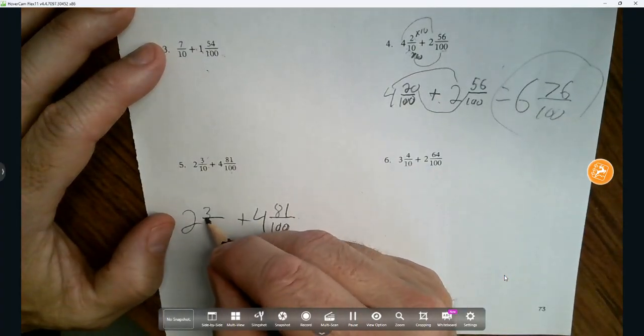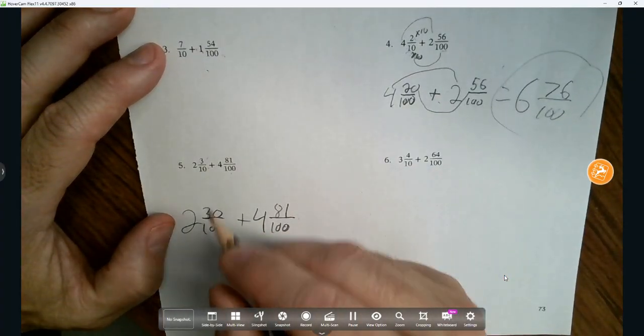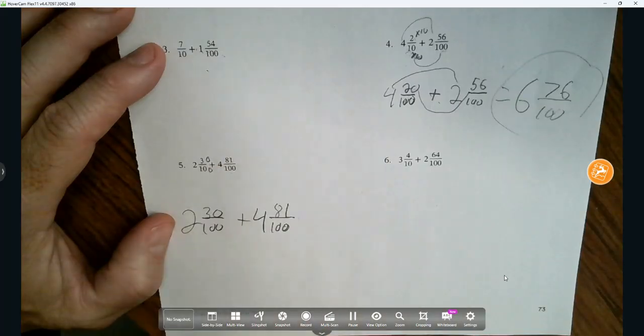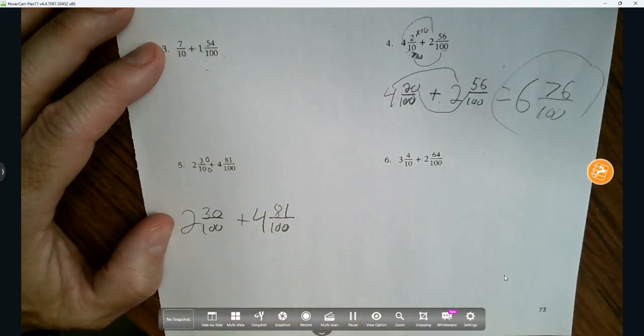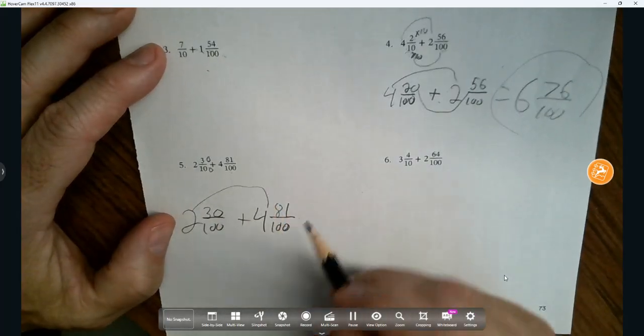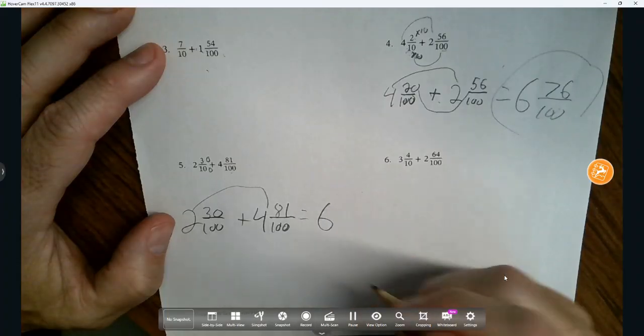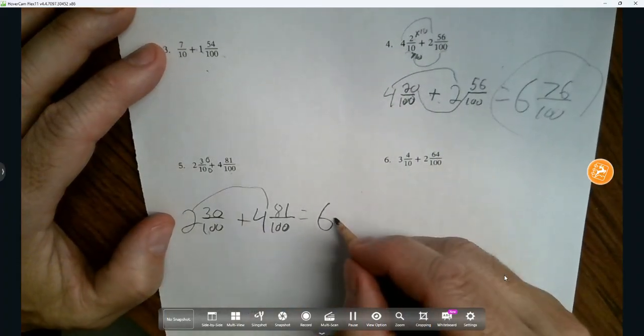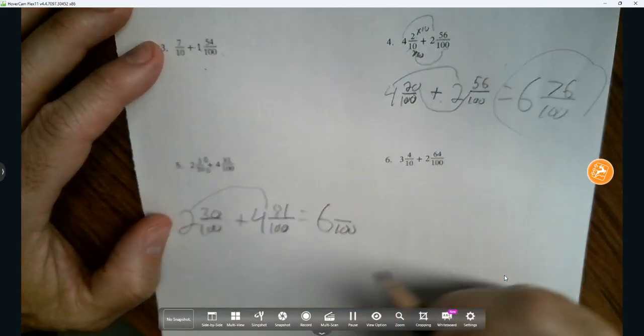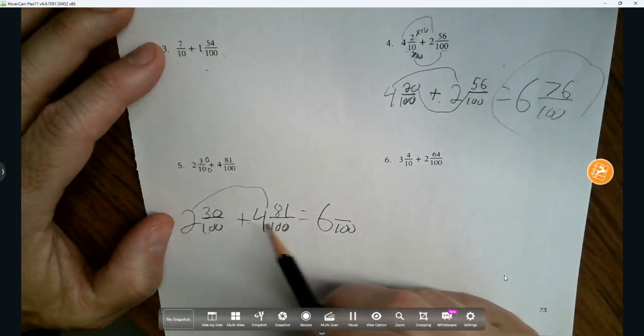So let's just add a 0. If I put a 0 here and a 0 here, that's the same as multiplying by 10. We just added a 0. Right? So now we'll add our top numbers. I almost said multiply. We'll add our top numbers. 2 plus 4, still 6. We know we're saying in hundredths because it's here and here. And then we have 30 plus 81.